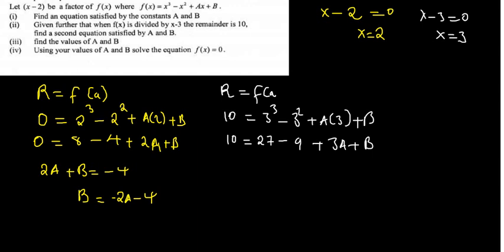And then 18, we'll take it the other side, so it will be negative 18. So it will be 10 minus 18, which is negative 8. And that will be equal to 3a plus b. So this is the other equation. I can make b the subject of the formula. So b then is going to be negative 3a minus 8. That will be the second equation.